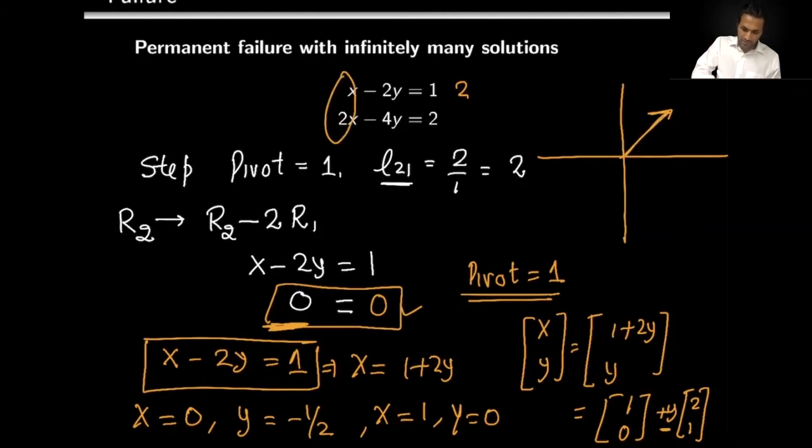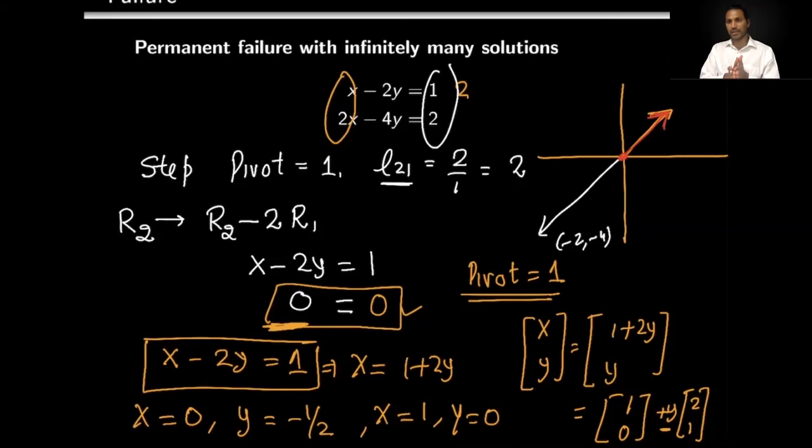The second column is (-2, 4), and you can see that (1, 2) also lies on the same line. So all three vectors, the right hand side vector and the two columns, are on the same line. This is the reason why the system has infinitely many solutions.